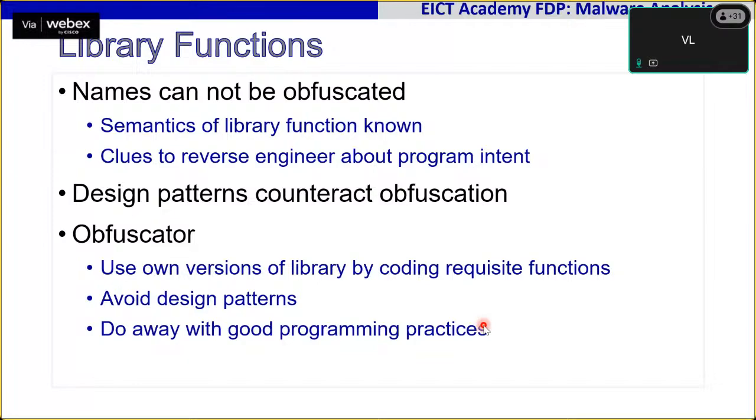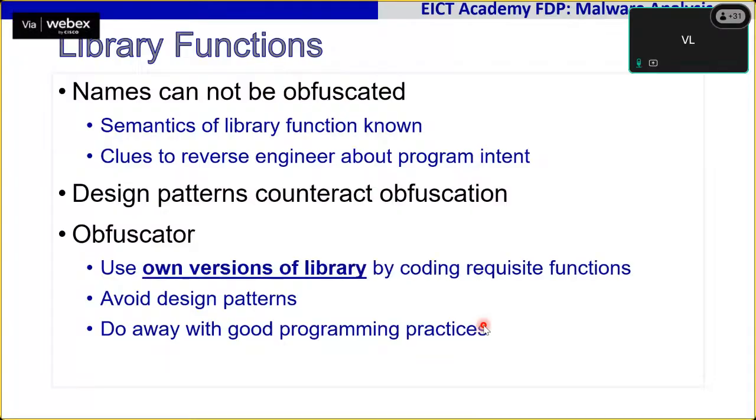And this library can be part of the code itself. In fact, some Windows malware use old PowerShell script to bypass the new PowerShell script mechanism. They are built in with their own PowerShell interpreter because the new PowerShell may not actually run the old code, so they have their own old PowerShell script interpreter along with their script so that it can be run.